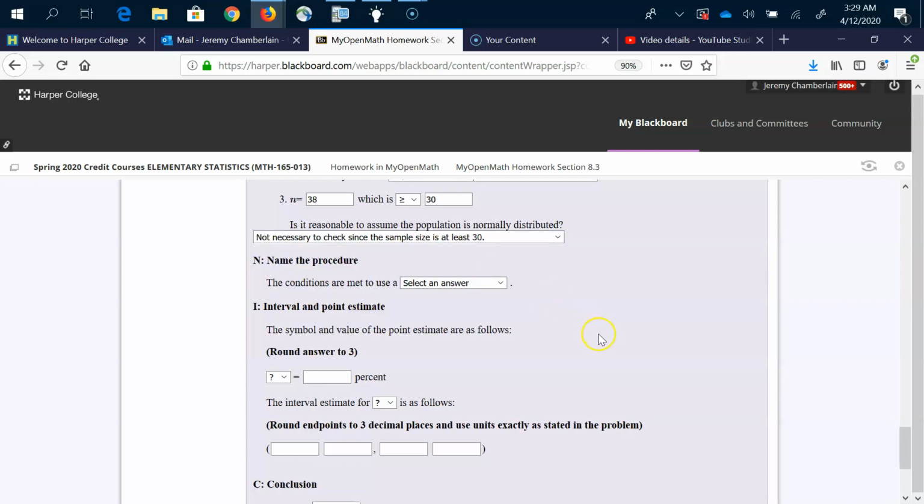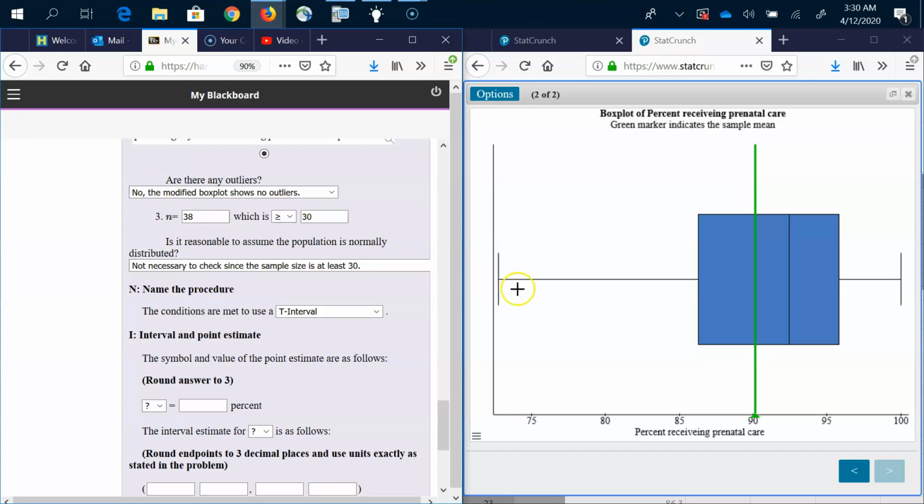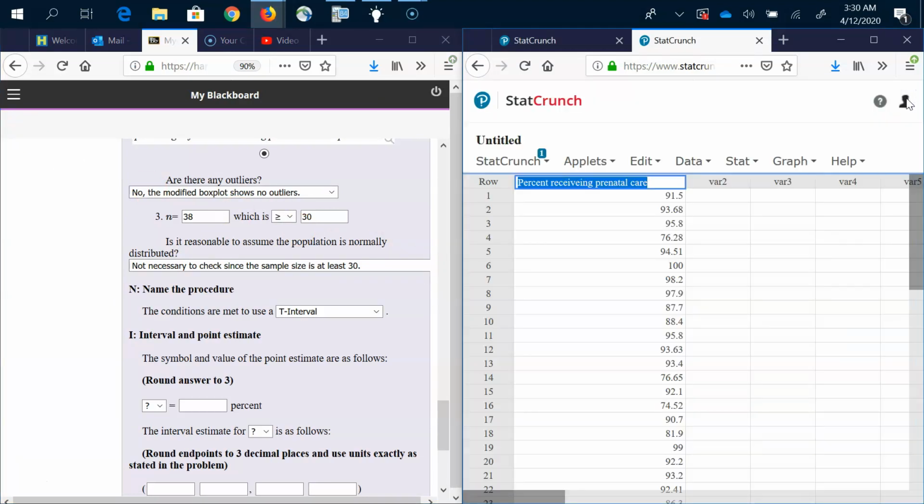So it's like this. Name of the procedure, T interval for 1 mean. So T interval. Interval and the point estimate. So now I'm just going to go to StatCrunch. Just going to move this over. I'm going to get rid of the graph we had.